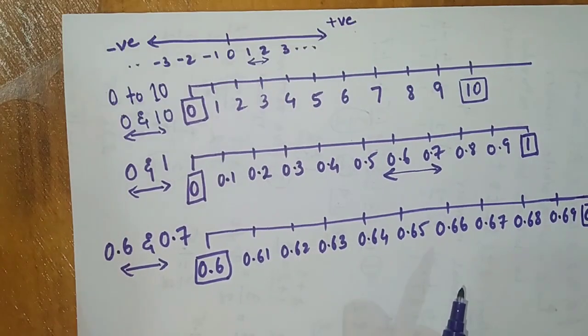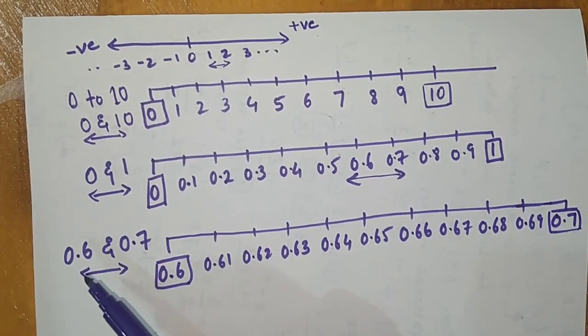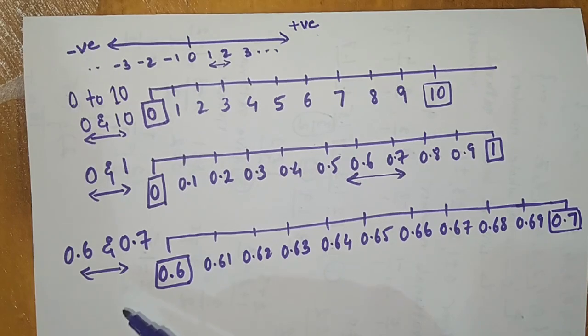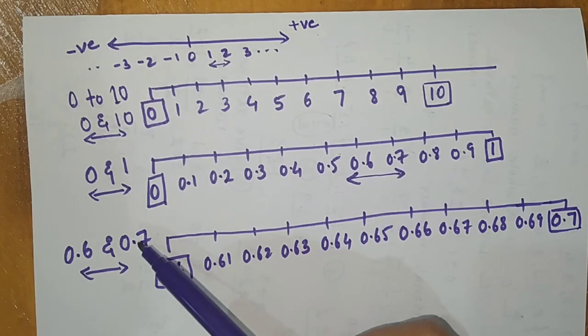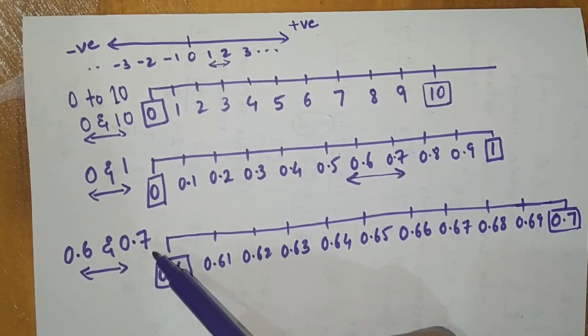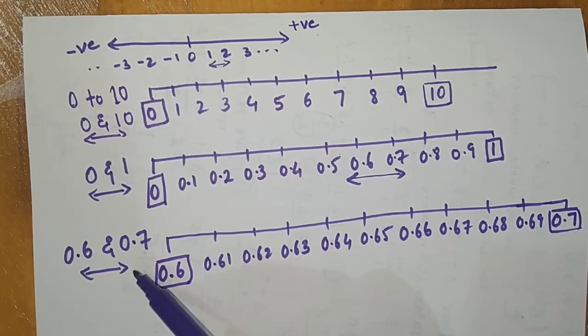I repeat, see here, you need to find numbers present between two numbers, say 0.6 and 0.7. Between these two numbers there is a gap.